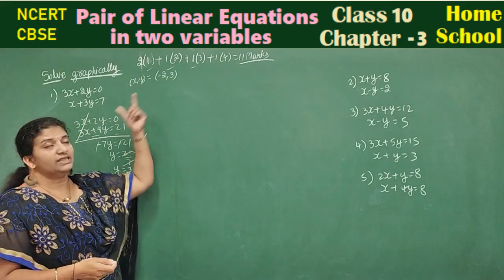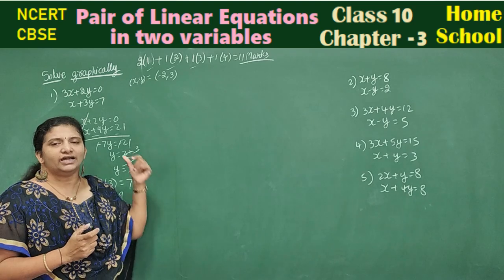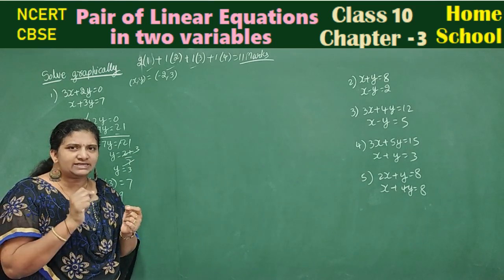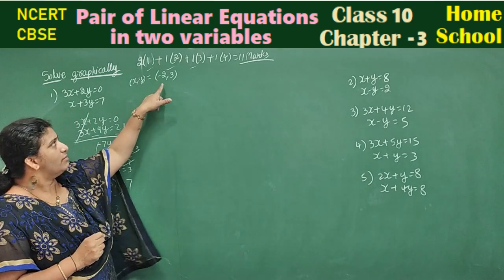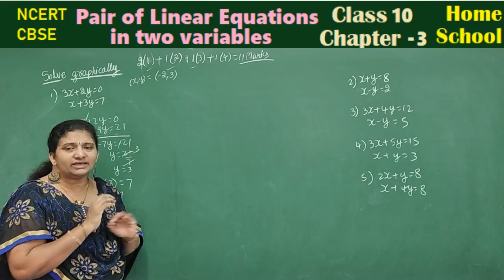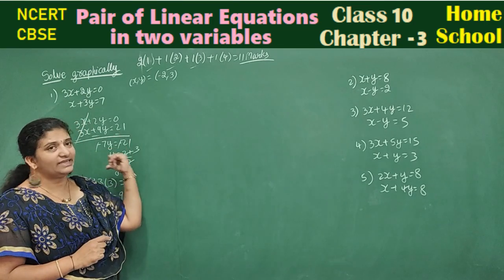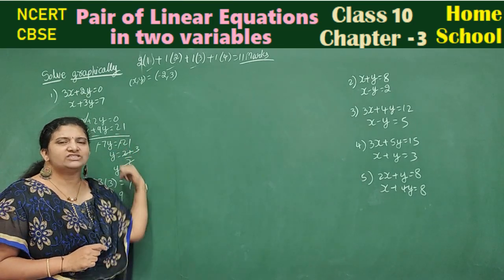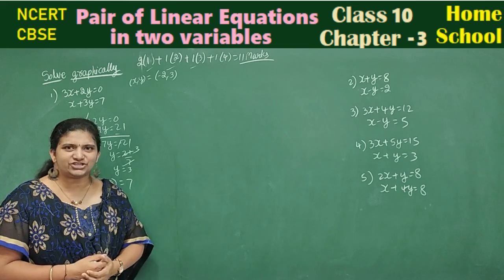In the graph, the 2 lines are going to intersect at the point minus 2, 3. Without doing anything graphically, we have guessed the answer by solving the equations by the elimination method.